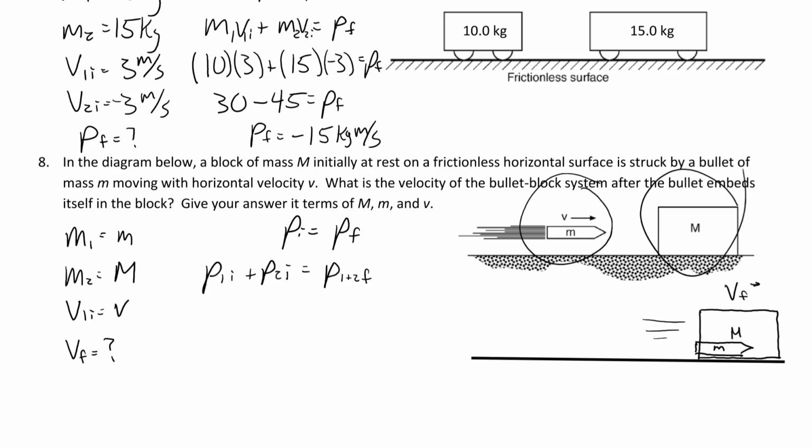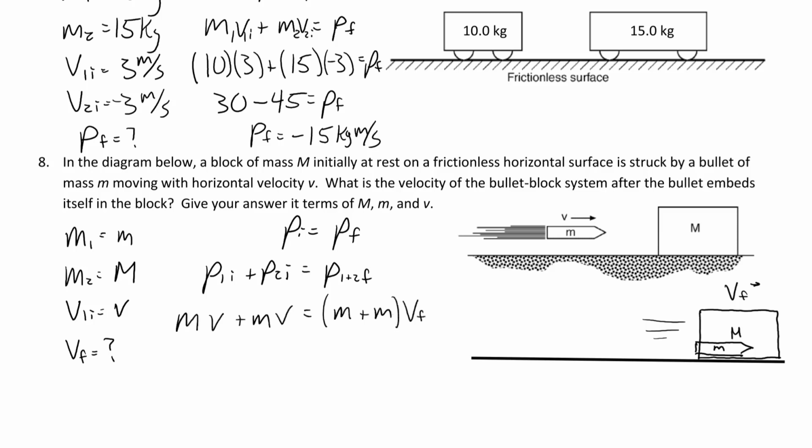So here we go: mass times velocity plus mass times velocity, and then the combined masses times Vf. This is the initial momentum for the bullet, and the initial momentum for the block.